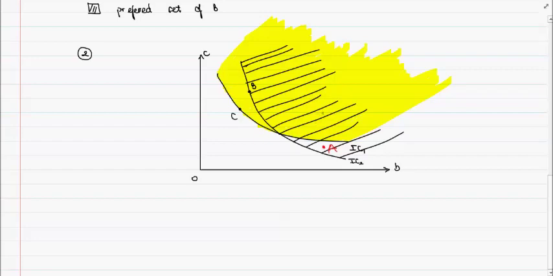So in this case, transitivity doesn't hold.